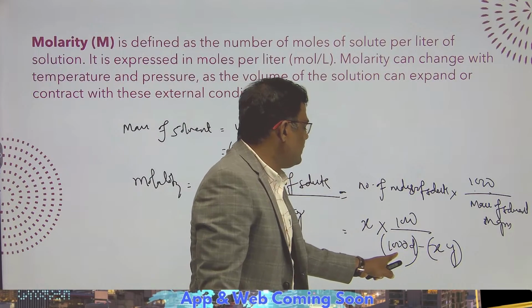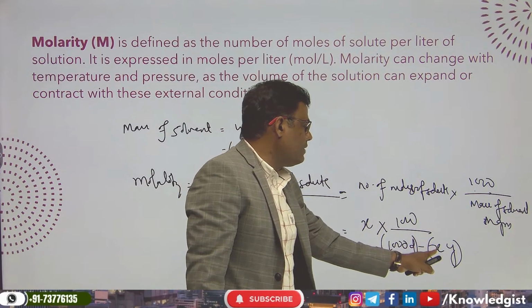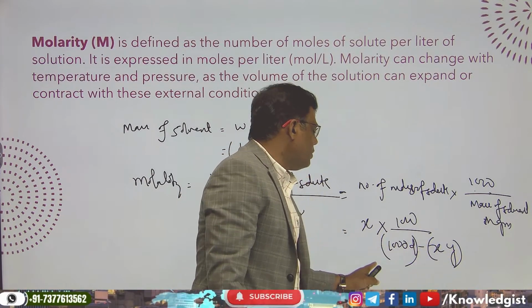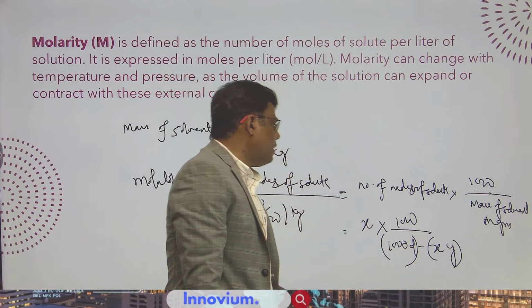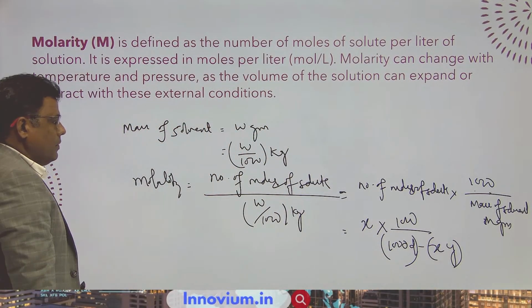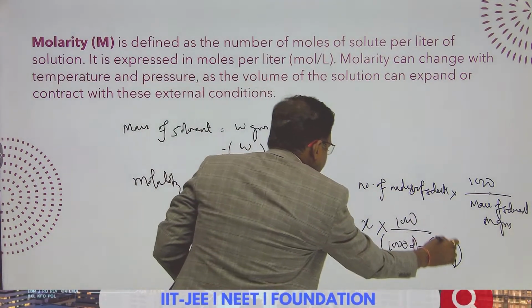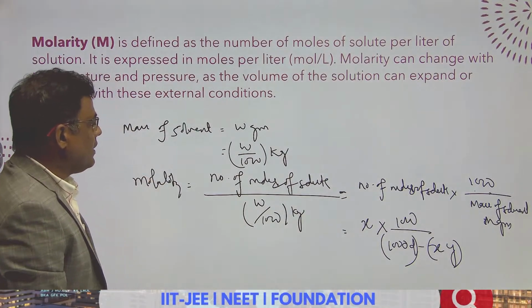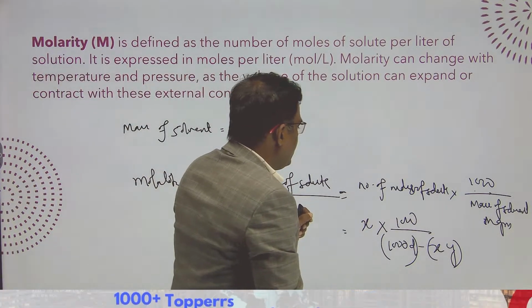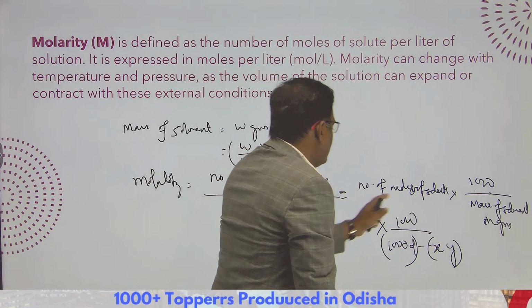So 1000 d is the mass of solution minus this is the mass of solute. This result gives you the mass of solvent in gram. Now this expression represents what? Represents that molality.